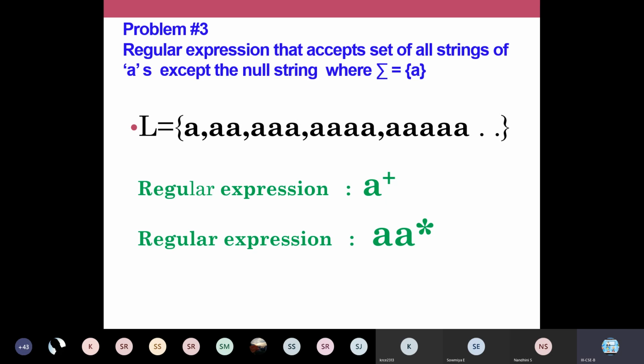Here, when the plus symbol is raised to the power, it denotes one or more occurrences. By the side of this plus you draw a small line and write one or more occurrences, like how for a star you wrote 0 or more occurrences.